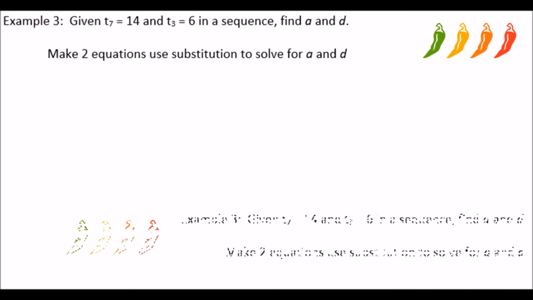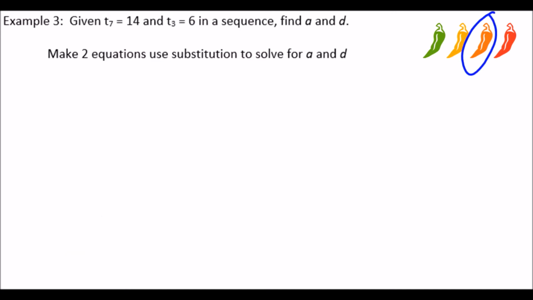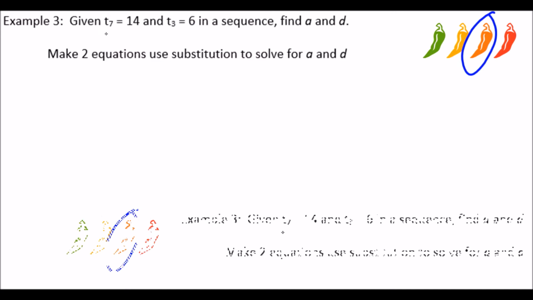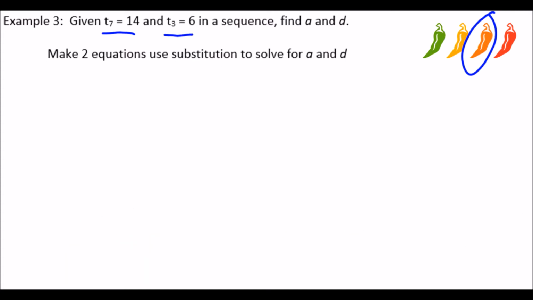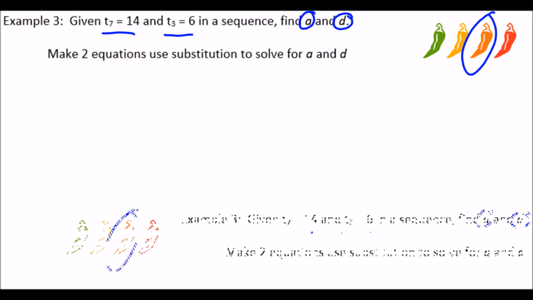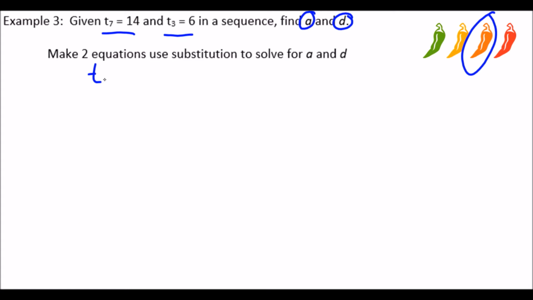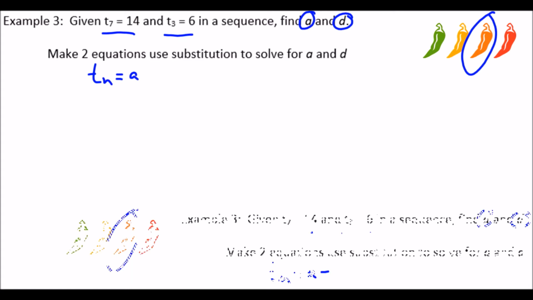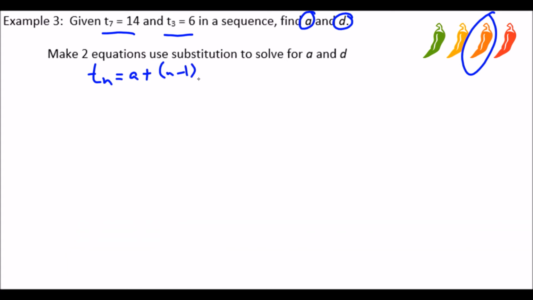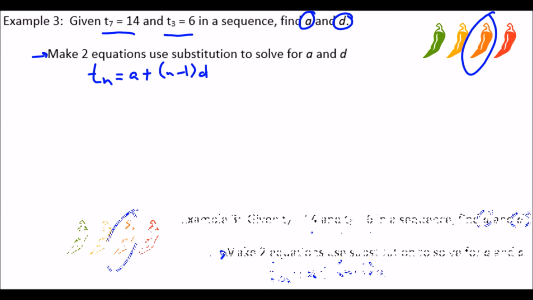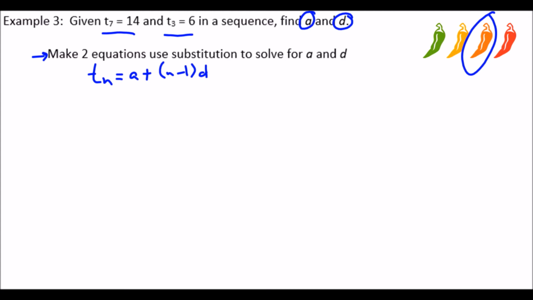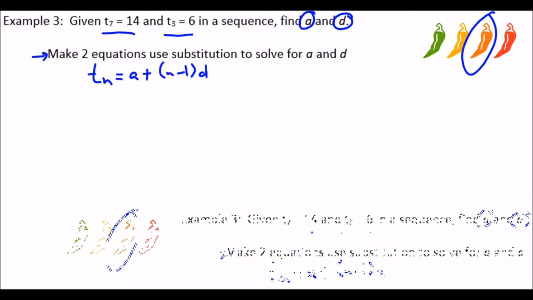All right, let's go to the next one. This one's a little bit more spicy. So given T7 is equal to 14 and T3 is equal to 6, find A and D. So here, again, I'm going to always refer back to my equation. Tn is equal to A plus (n minus 1) D. And it says here, here's a hint, make two equations, use substitution to solve for A and D. So we're going to have to go back to our grade 10 rules and use substitution.